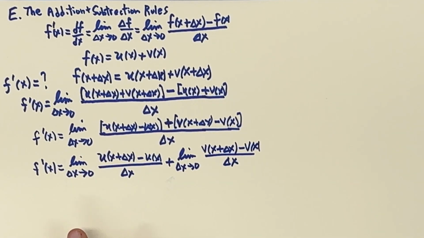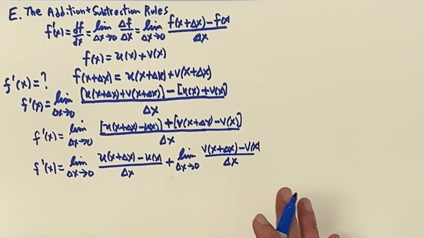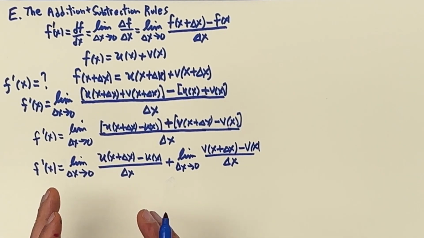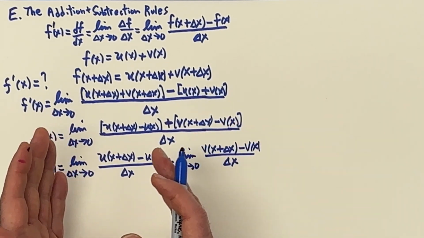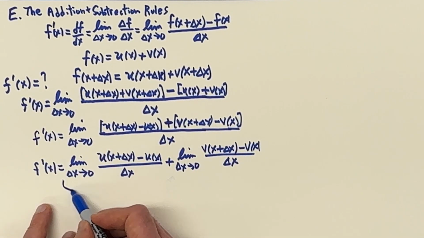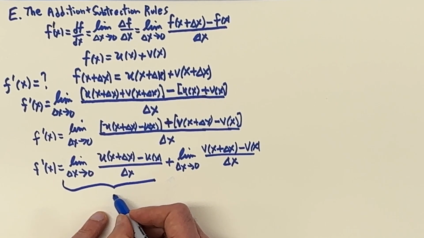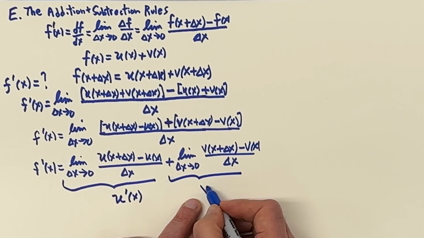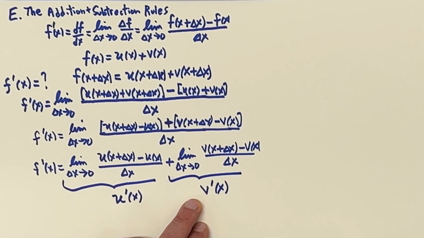And at one point I'll list for you limit rules, which we don't prove in this class, but the limit of a sum is equal to the sum of the limits of each component. So using that, you see this is going to be the derivative with respect to x of u, and this is going to be the derivative of v with respect to x, and we have our result.